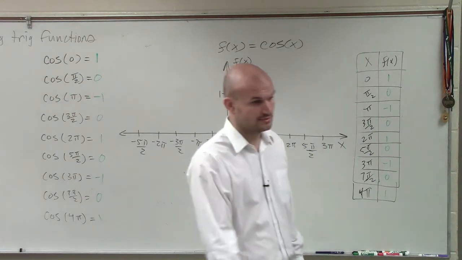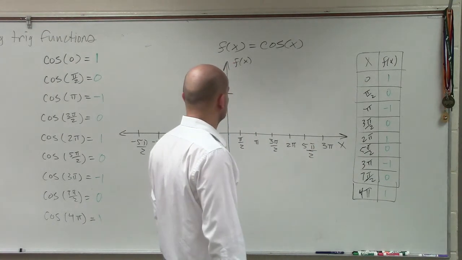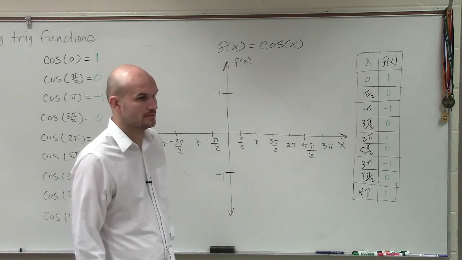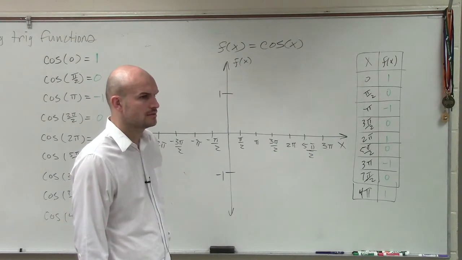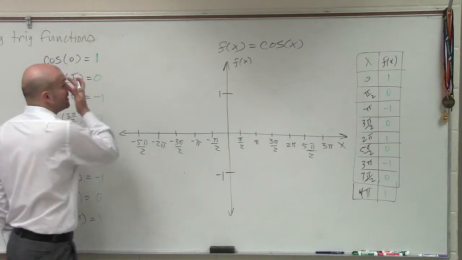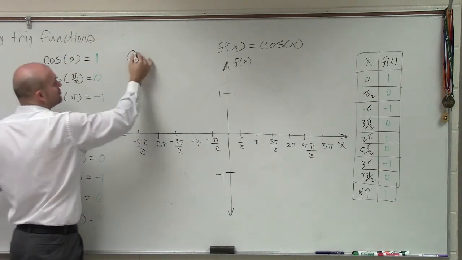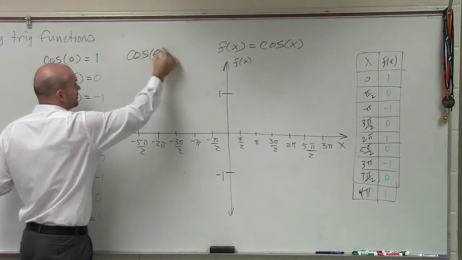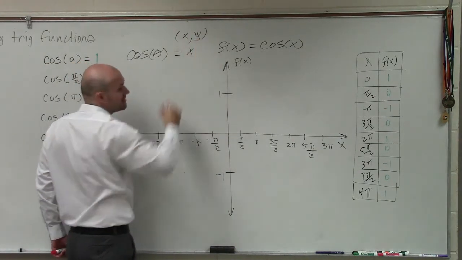Yes? Why did you take the x coordinate and put it in f of x when you were doing the circle? Remember, when I'm evaluating a cosine, the cosine of an angle is equal to the x-coordinate of a point on the unit circle.